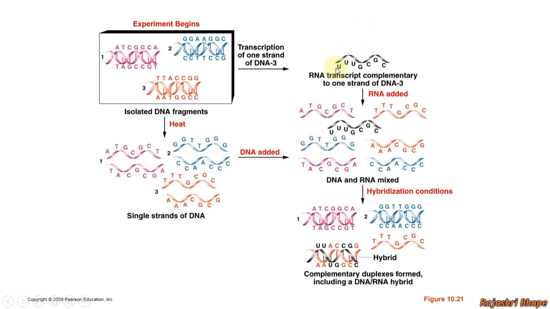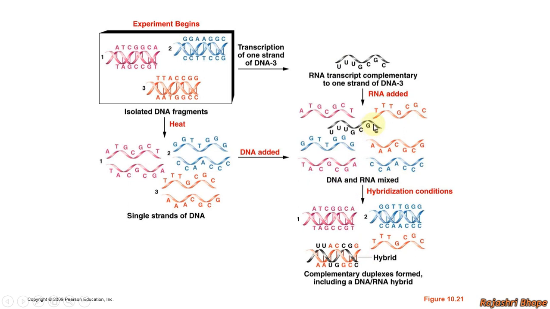Then this RNA transcript, complementary to one DNA strand, is added here. Okay, this is complementary to the DNA strand of number 3. Now DNA and RNA are mixed together.